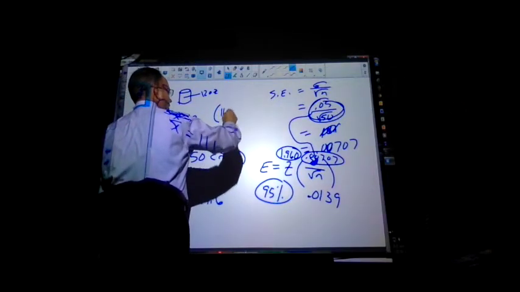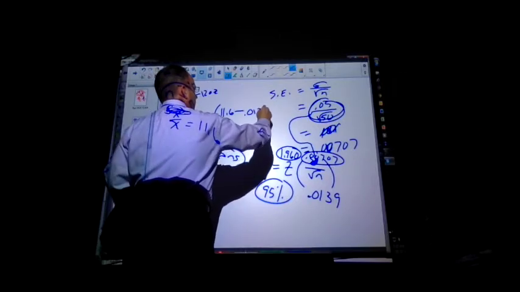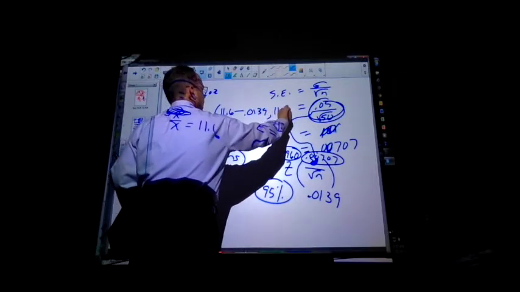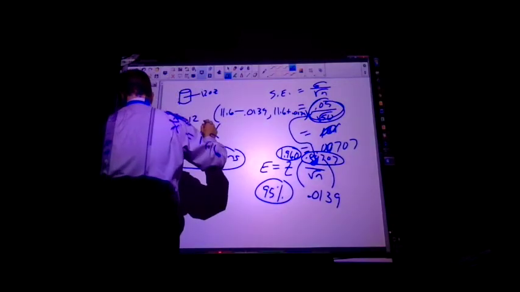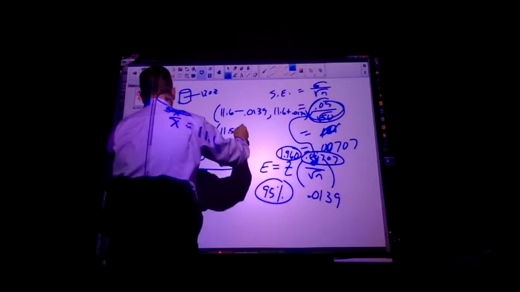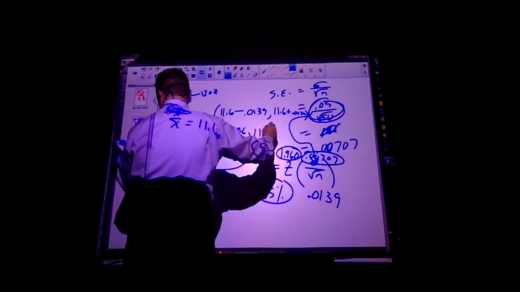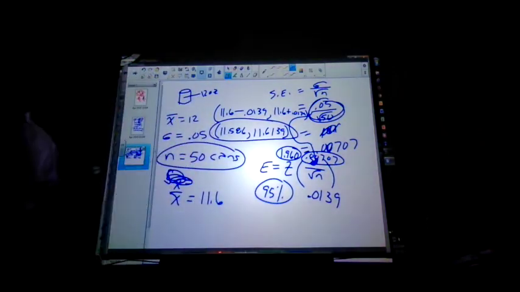I'm going to go 11.6 ounces minus 0.0139 and 11.6 plus 0.0139. If I do this math, I'm going to get 11.586 and 11.6139. So I am 95% confident that if I were to reduplicate this act on this machine, this is what my averages are going to be from.